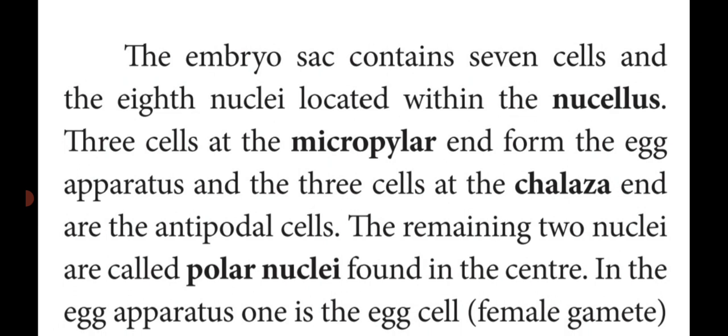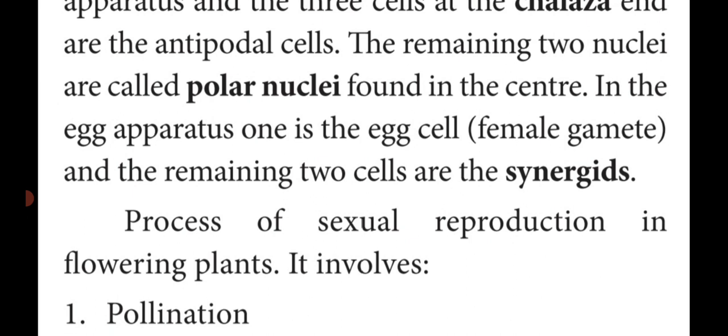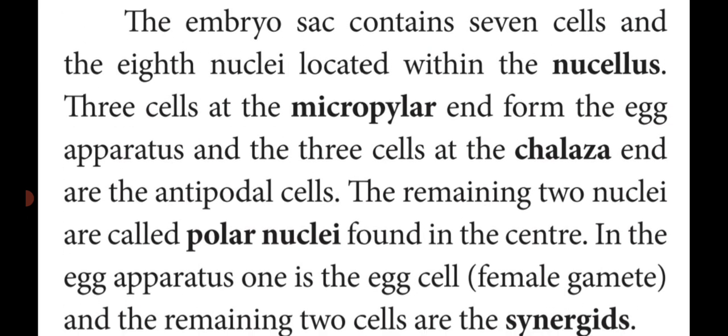So this is the 7-celled, 8-nucleate condition. In the egg apparatus present in the micropylar region, one is the egg cell or female gamete or ovum, and the remaining 2 cells are the synergids, located on either side of the egg. That is the structure of an ovule.